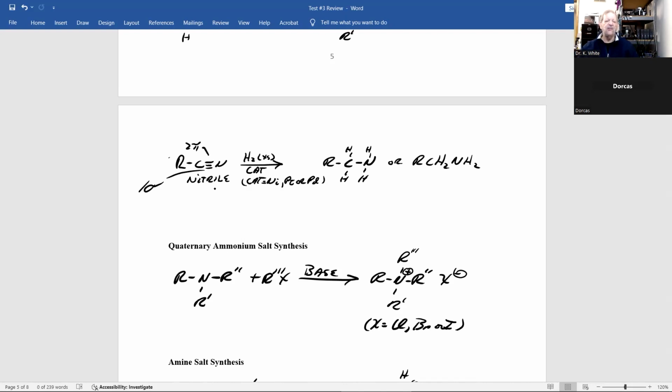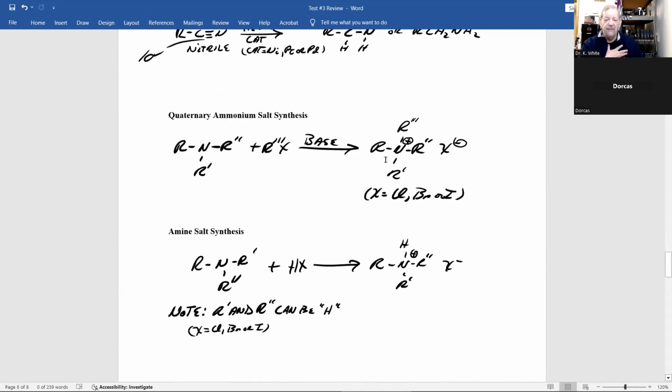So if you add excess hydrogen with a catalyst, which can be nickel, platinum, or palladium, you break the 2 pi bonds, and each atom of the triple bond gets a hydrogen, 2 hydrogens, and you make a primary amine. And I did research on this at a company that used this reaction to make a couple million pounds of primary amine a week. Yep, that much.